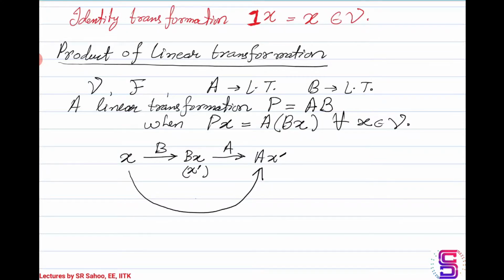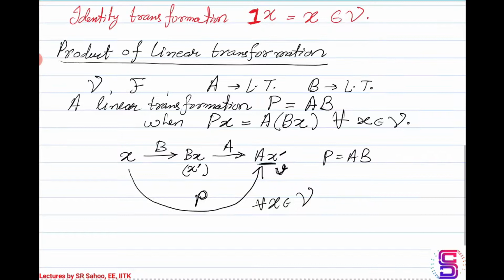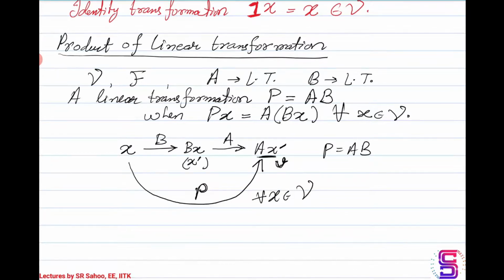Let us label this vector as V. Ax dash is nothing but V. And suppose there is a transformation that acts on x and takes you to V, and in this case P is said to be AB, and this has to be true for all x in the vector space. So P is a product of the linear transformations A and B.